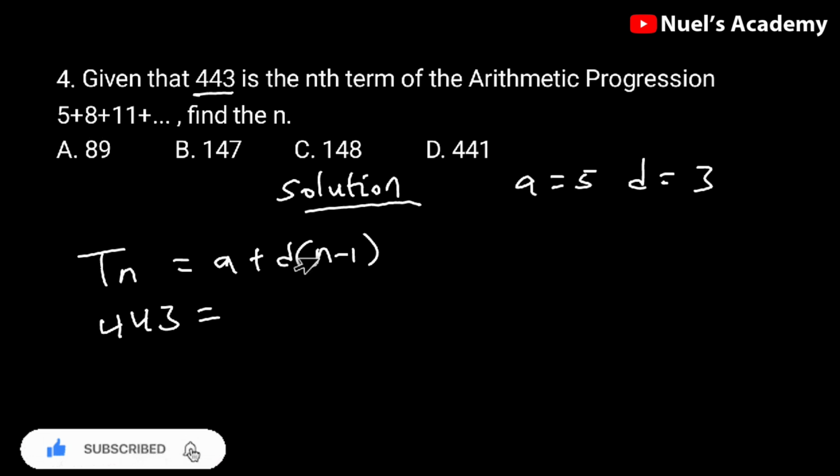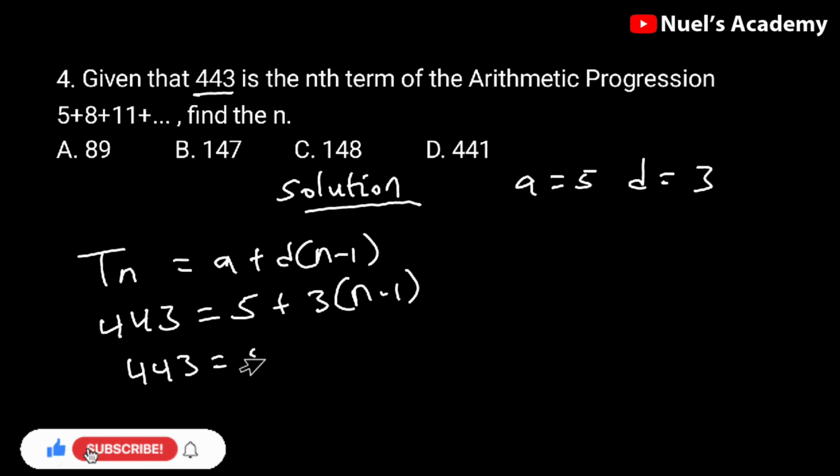So let's substitute them into this equation. a is equal to 5, plus d, which is 3, times n minus 1. So we have 443 is equal to 5 plus 3 times n, which is 3n. 3 times negative 1 is negative 3. So we have 443 is equal to 5 minus 3, which is 2, plus 3n.